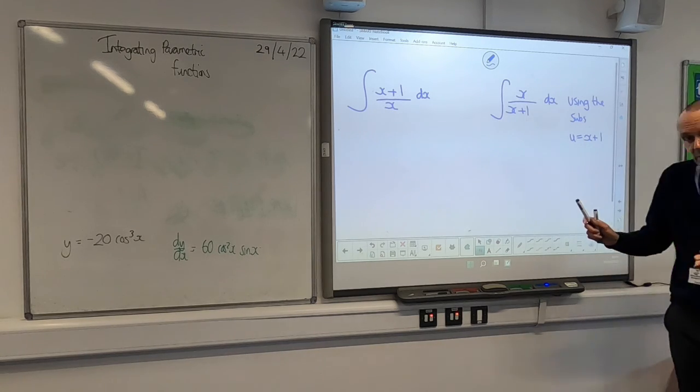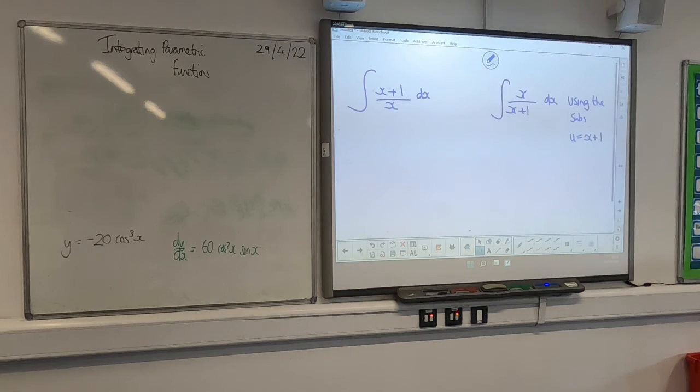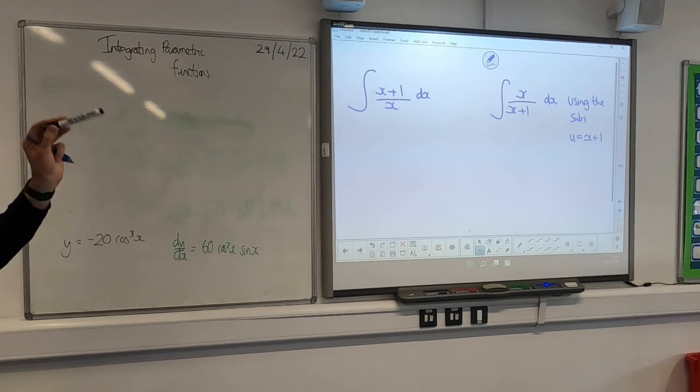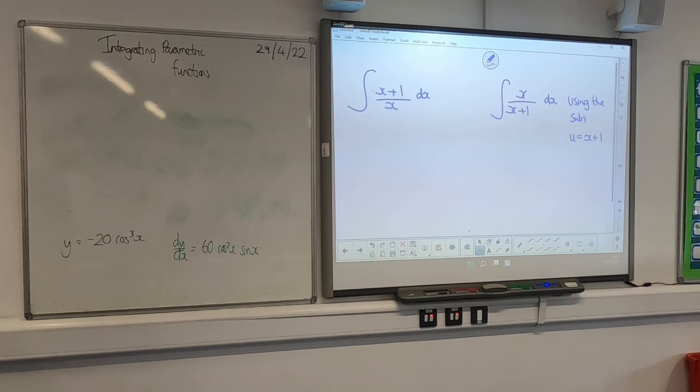The one on the left is easy because two things divided by one thing, I can split it into two separate fractions, and it gives me things that I can easily integrate. But the one on the right, you can't split one thing over two things into two separate fractions. We've got a couple of techniques we could use, but I'm suggesting you use the substitution u equals x plus 1. So that's just revising the whole integration by substitution thing.